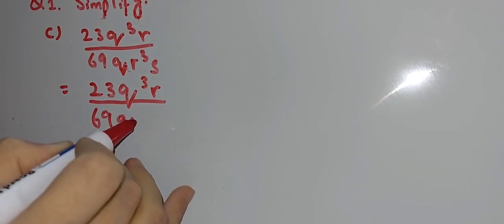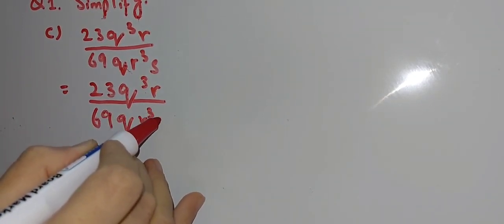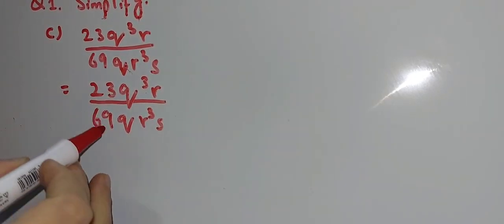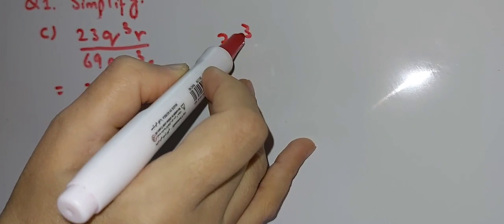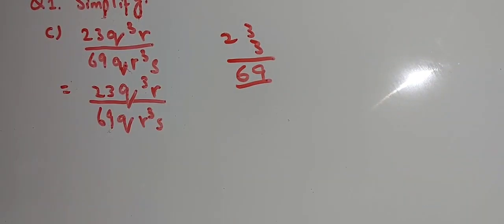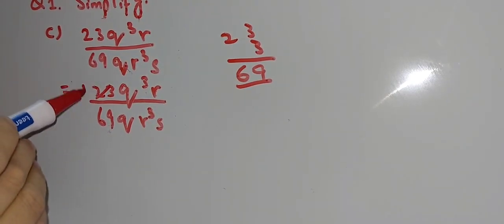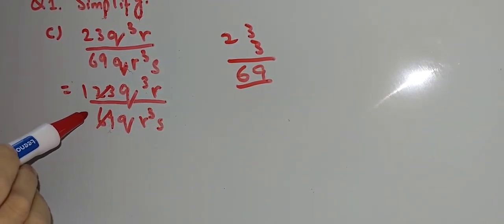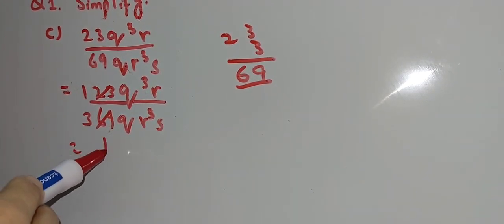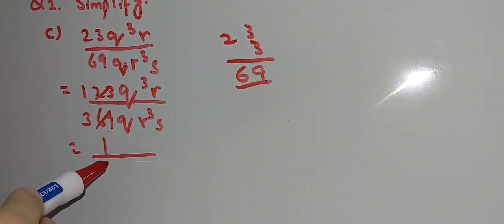You have to check different tables and you will reach this answer: 23 times 3 is 69. 23 1s are 23 and 23 3s are 69. Now the numerator will become 1 and the denominator will become 3.